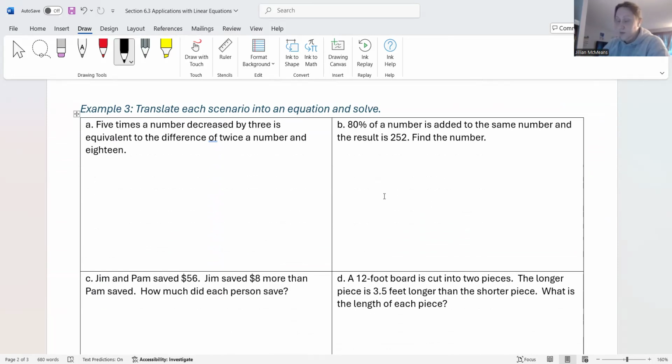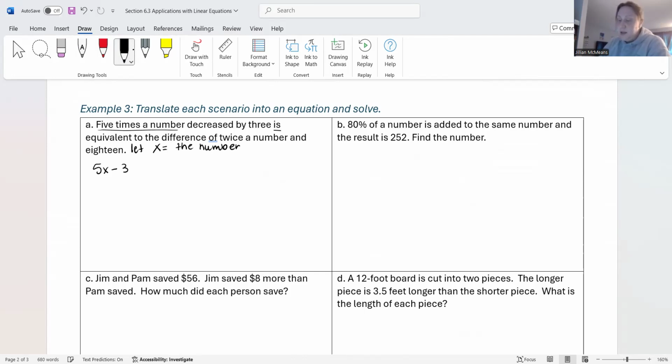Okay. So just off the bat, let's go ahead and assign our variable. Let x equal the number. We don't know what the number is, but we're going to call it x. So right off the bat, I know I'm going to take 5 times whatever that number is. So that's just 5x. And then that's decreased by 3. So that just means subtract 3.